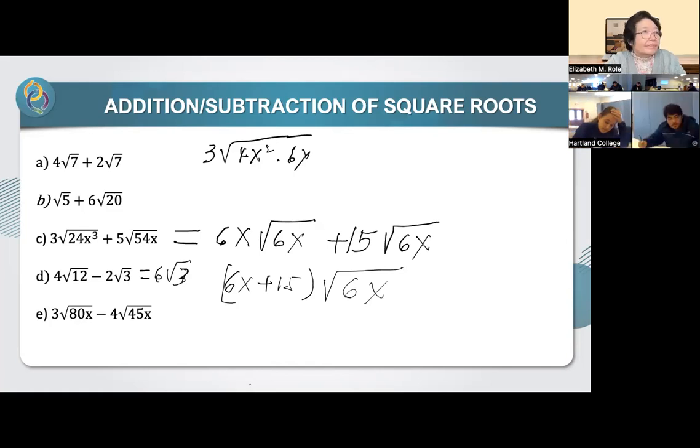I got the square root of 5x. I get the same.